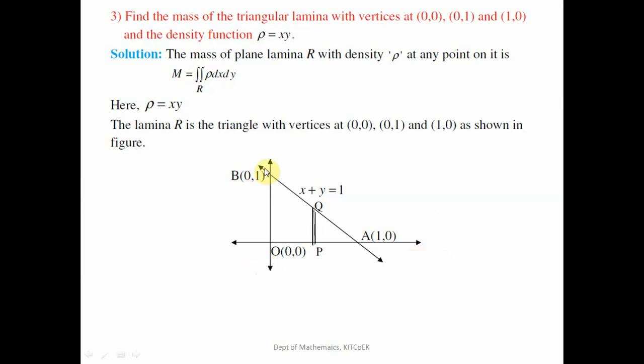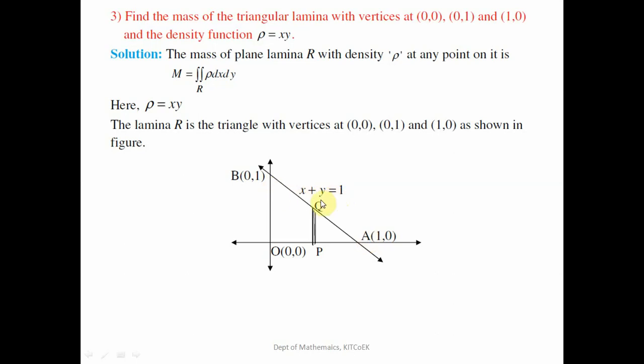The line OB is the y-axis, its equation is x equal to 0. We need to find the equation of the line AB. By using the two-point form, as the coordinates of these two points A and B, (1, 0) and (0, 1), are known, we can find its equation as x plus y equal to 1.